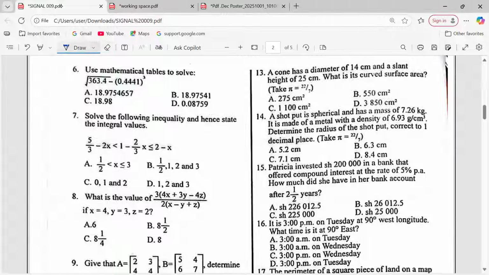So we need the square root of, let me first recopy the question here. The square root of 363.4, then we subtract the cube of 0.4441. This is now power 3.